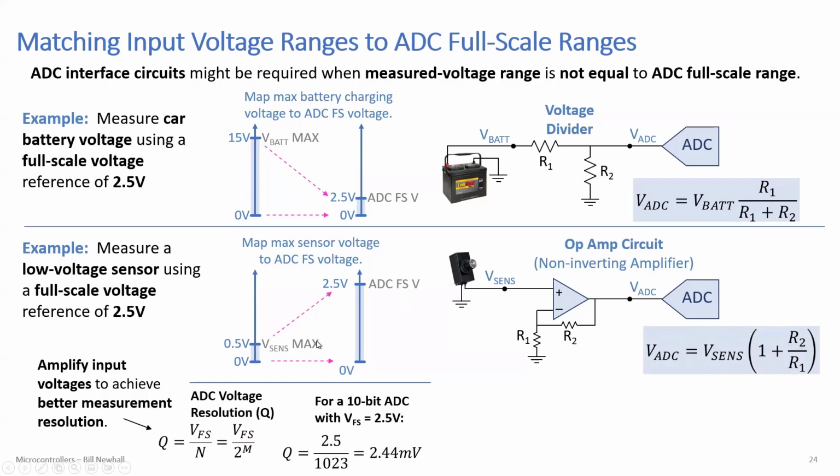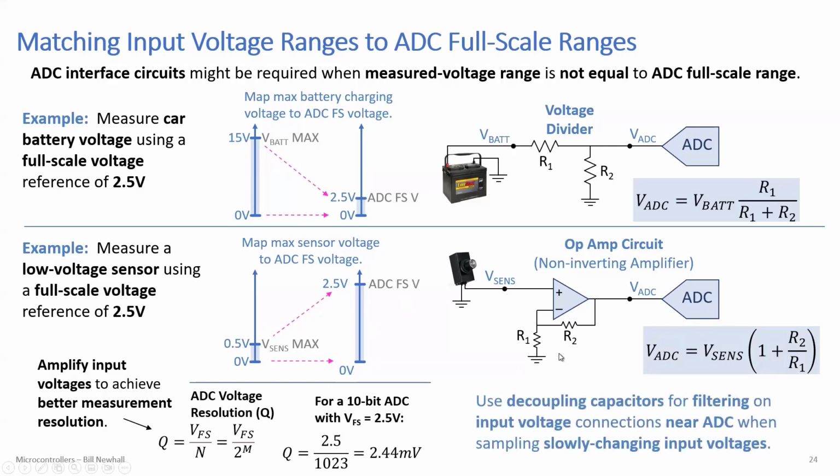And what this does is expand the range of the ADC over which the sensor voltage spans. So you get a better resolution. And as you're doing in lab, if you have a slowly varying input voltage, you can use capacitors for filtering on the input voltage near the ADC when these voltages change slowly.